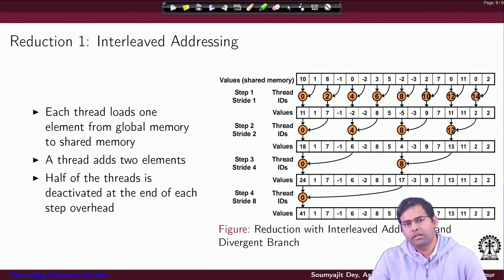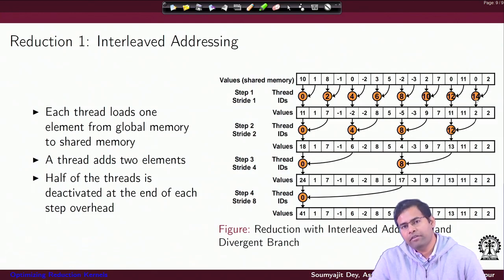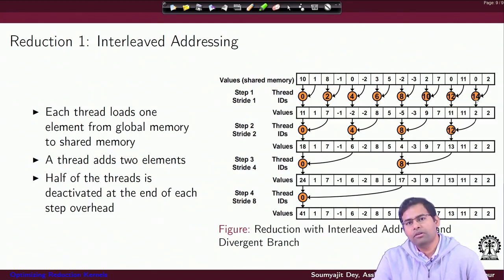So try and understand the difference. Half of the threads getting inactive at each level is one thing, but if the threads which are working have consecutive IDs, that means they are packed inside the same warp, and when the warps execute I have fast progress, right?